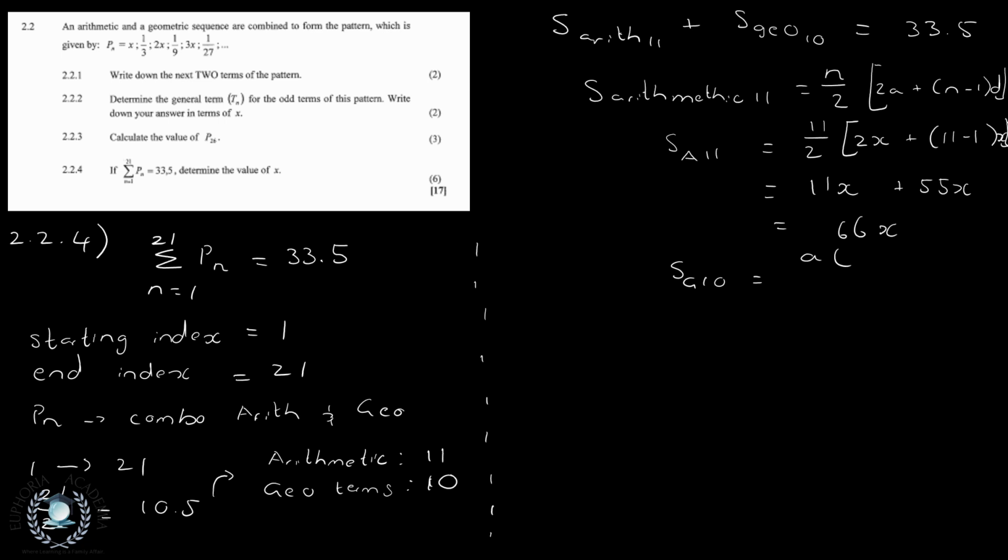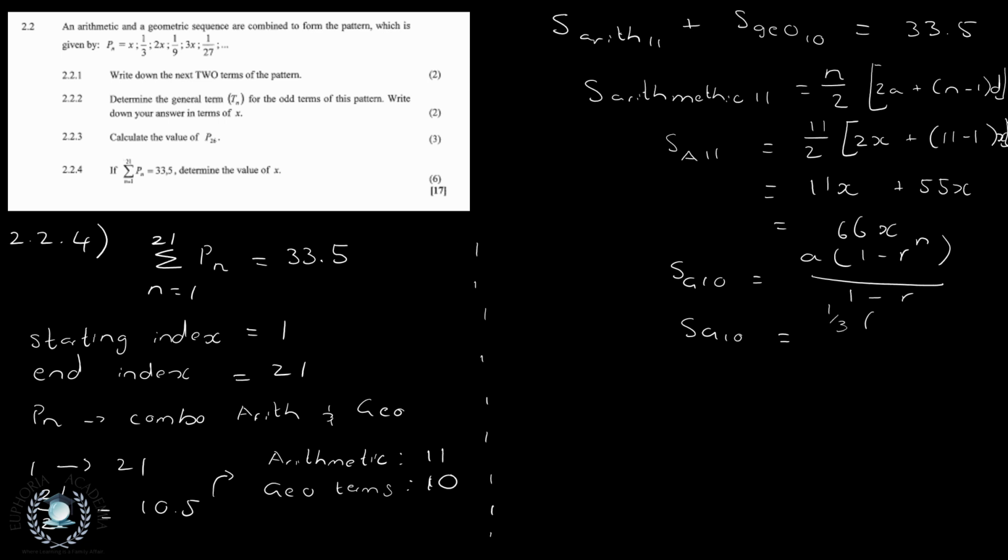of the terms is a times 1 minus r to the power of n, divided by 1 minus r. So we're just going to substitute what we have. Our a, we said that was 1 over 3.